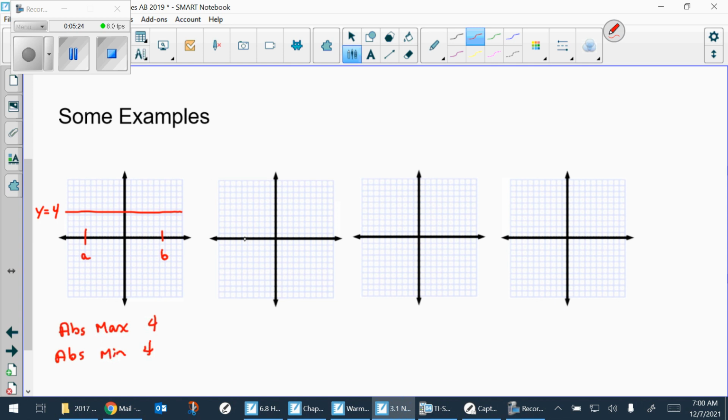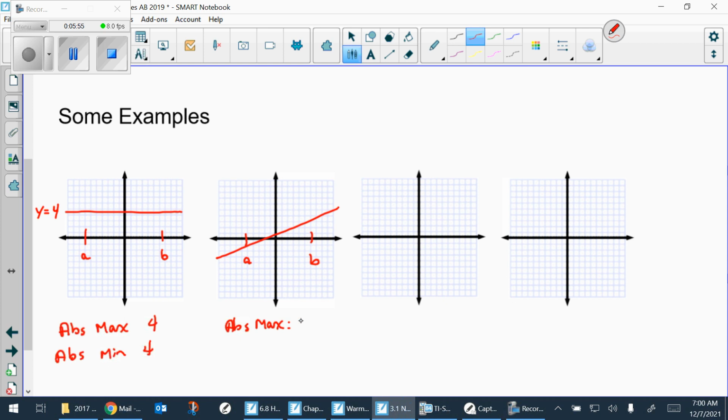Well, what if we're going to go from A to B again? Maybe we'll again put A here and put B here. But this time we got something that looks like this. Well, now that's again a continuous function. And it looks like the absolute max, I'm not going to give the value here, I'd like the x value of the absolute max.